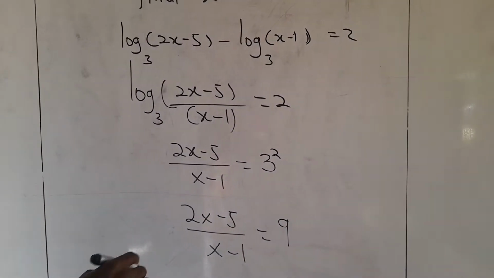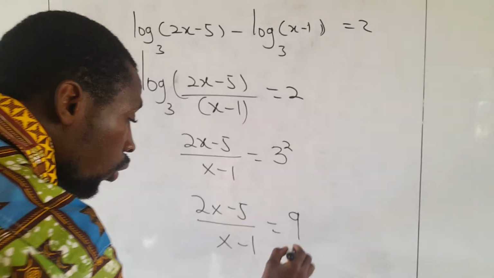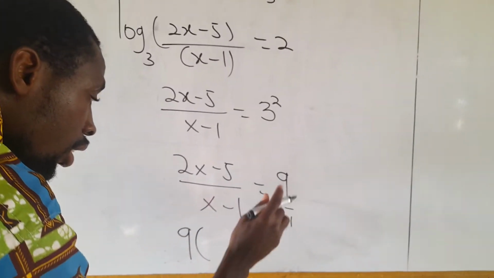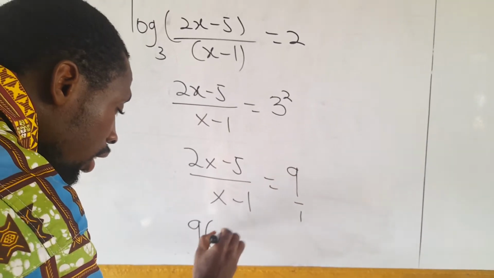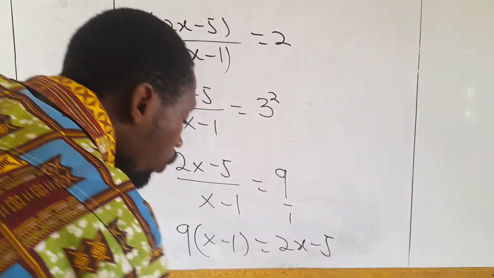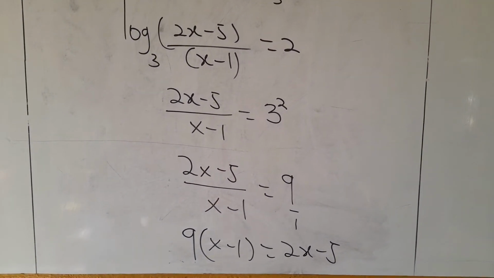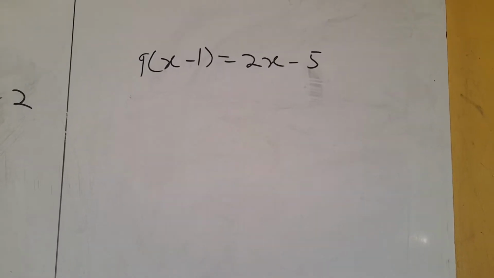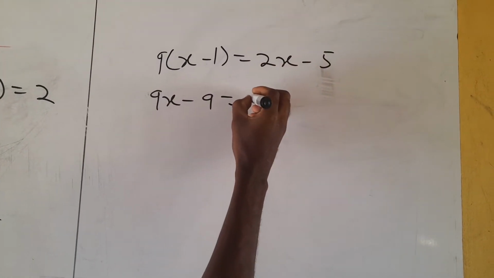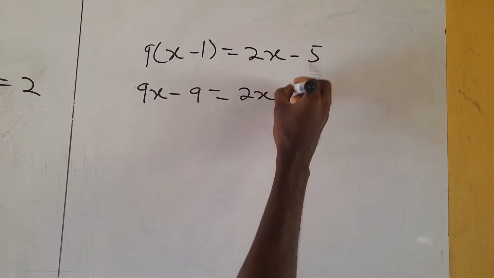3 exponent 2 is 9. So 2x minus 5 over x minus 1 will be equal to 9. So what do we do? We can cross multiply this. So we have 9 times x minus 1 will be equal to 2x minus 5. So when we expand this bracket, we get 9x minus 9 equal to 2x minus 5.